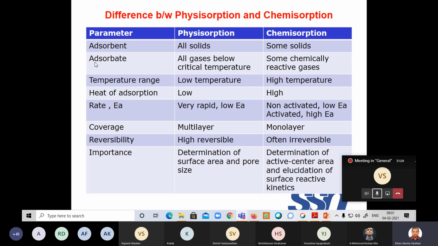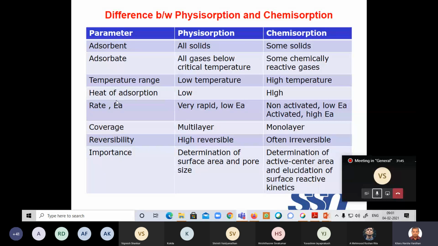Adsorbate is the thing you are going to remove, that solute. So adsorbate, generally all gases below the critical temperature can be used in physisorption. Only some chemically reactive gases will be selected as adsorbate in chemisorption.